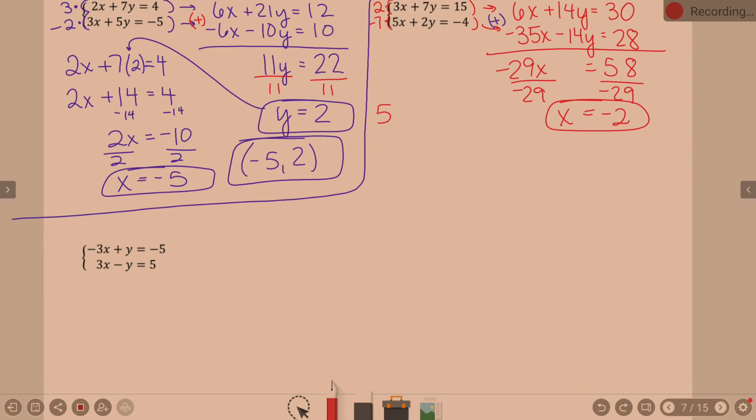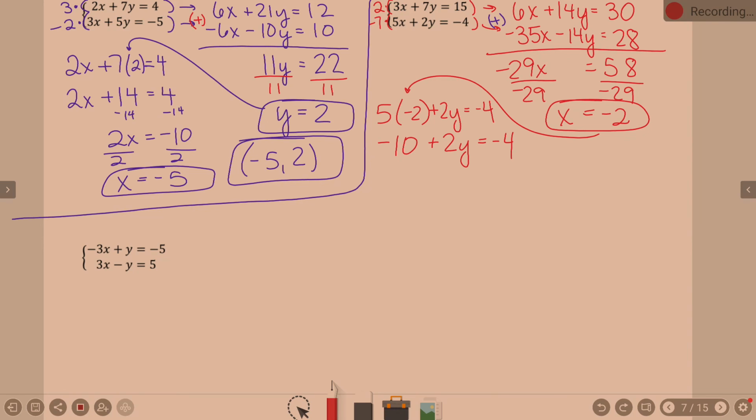Let's try this again. 5x, goodness. So 5 times negative 2 plus 2y equals negative 4. 5 times negative 2 is negative 10 plus 2y equals negative 4.